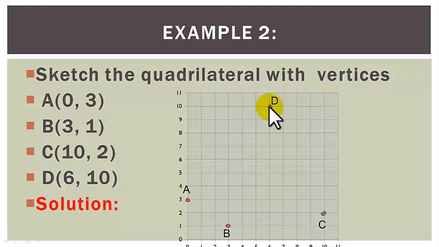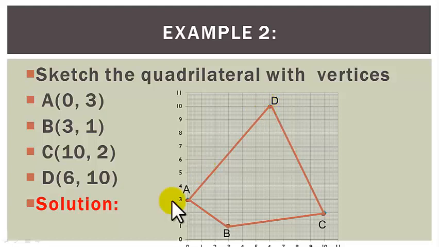Having located the 4 points on the rectangular coordinate plane, we can then connect the points as follows. Join A and B, B and C, C and D, and then D and A to obtain the required quadrilateral ABCD.